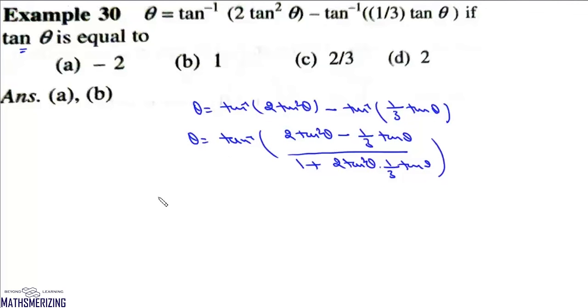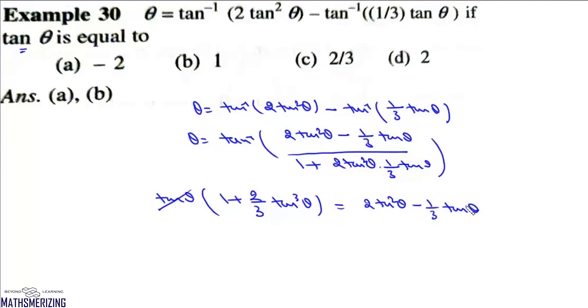So we can actually write this as tan theta into 1 plus 2 by 3 tan cube theta, and it'll be equal to 2 tan square theta minus 1 by 3 tan theta. Now we can cancel this tan theta. So one of the solutions that we'll get is that the value of tan theta is 0, which is not given in the options.